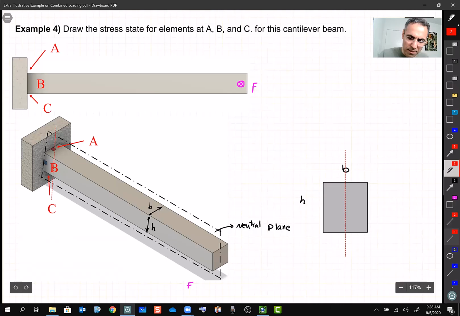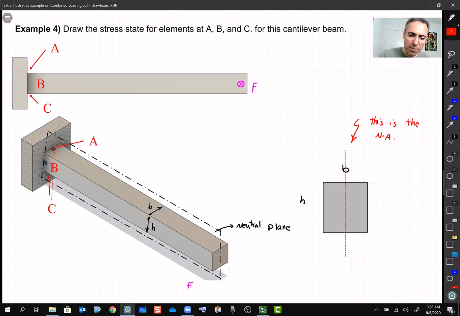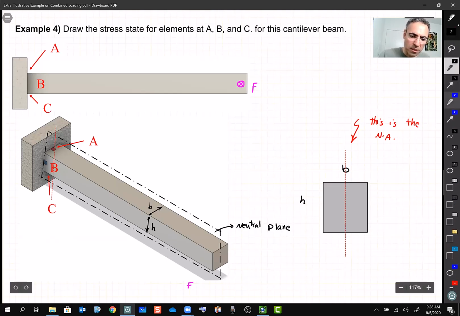All right, so this is the neutral axis. And where are points A, B, and C? This is point A, this is point B, and this is point C. I'm just drawing the cross section for those points that we are interested in finding stresses.